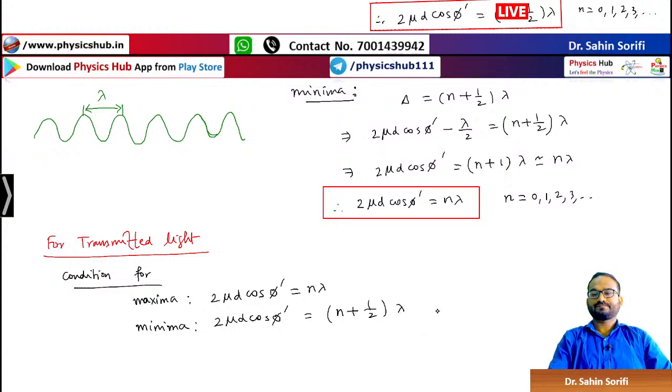So from the transmitted light, you will see the center to be bright, but for the reflected light, you will see the center to be dark.